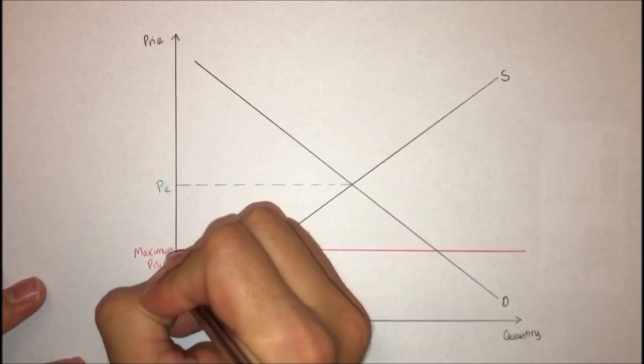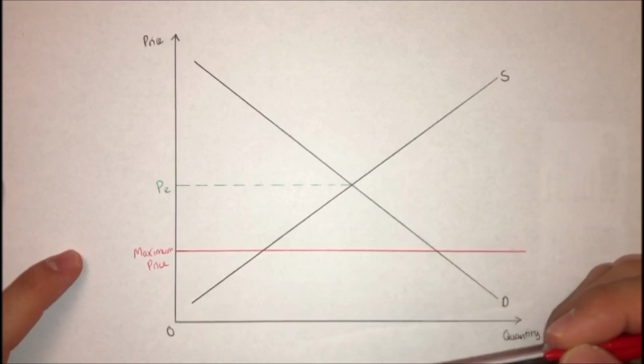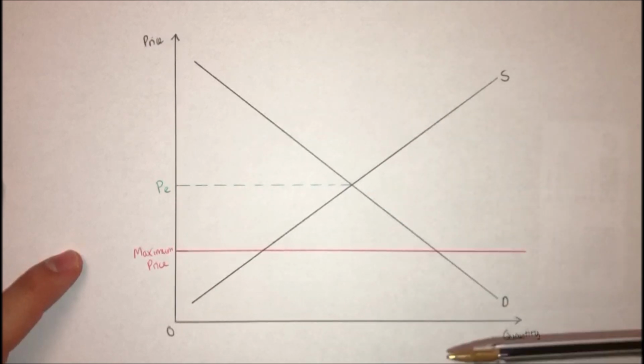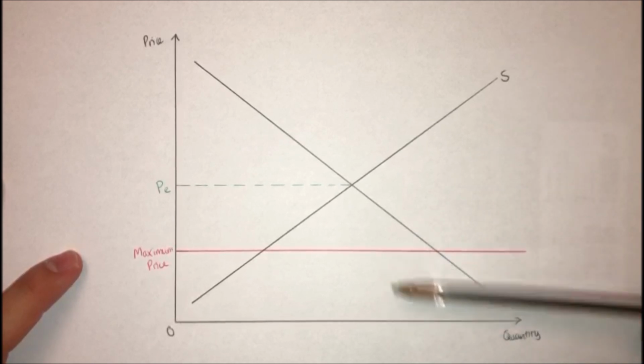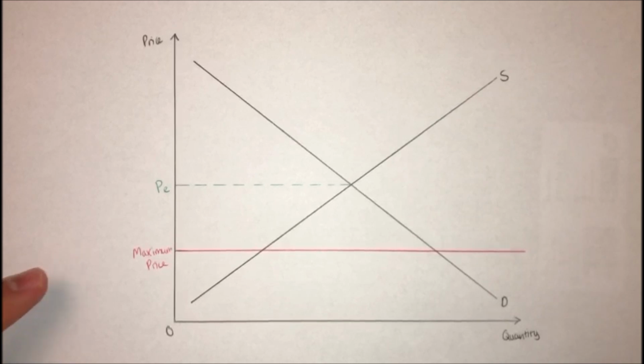maximum price. And if this maximum price is set below our current equilibrium, which you can see in this graph it is, then this creates what economists refer to as a price ceiling, i.e. the price can go no higher than this red line.